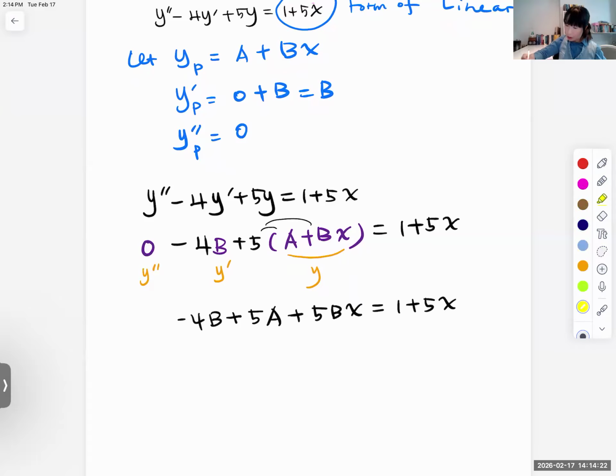Can you see that? 5bx corresponds with 5x on the x itself, right? And then can you see that this is corresponding with this one? Yeah, the constant term.